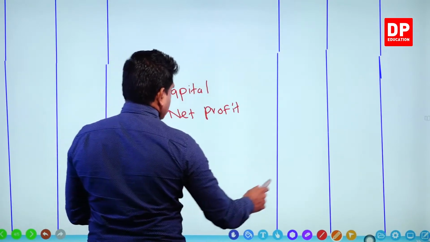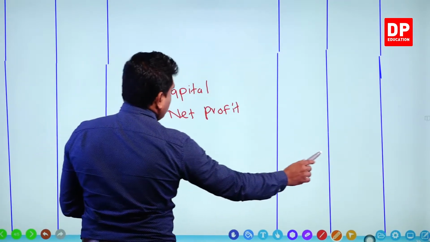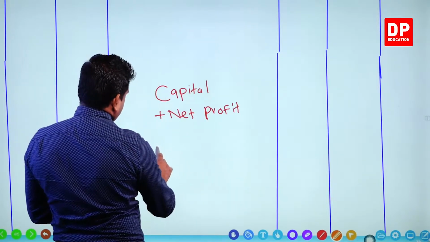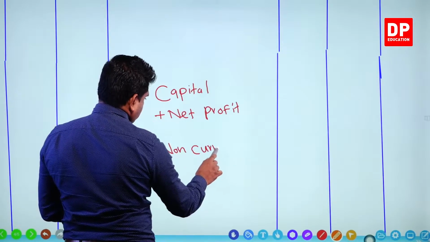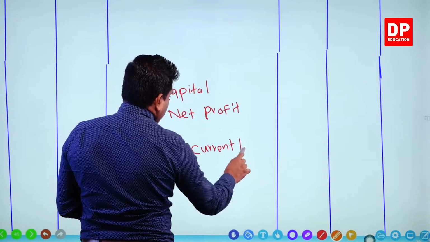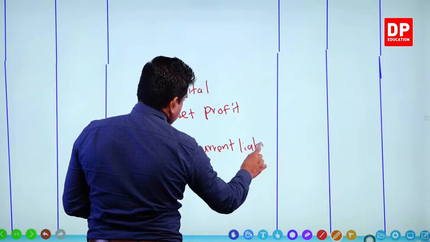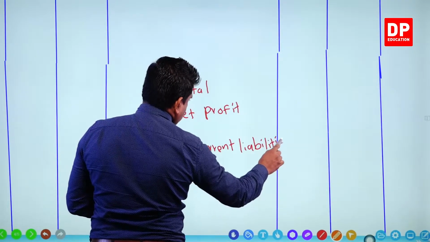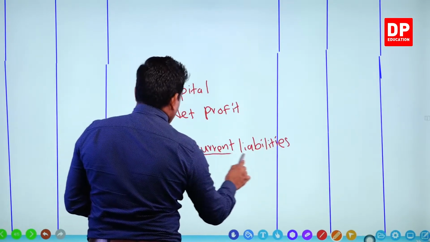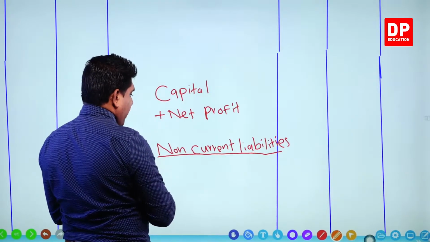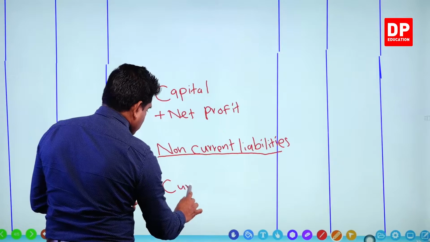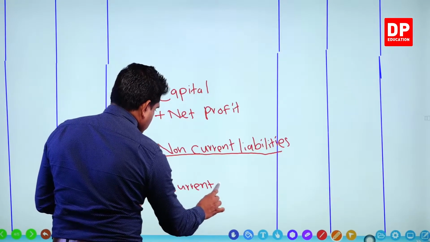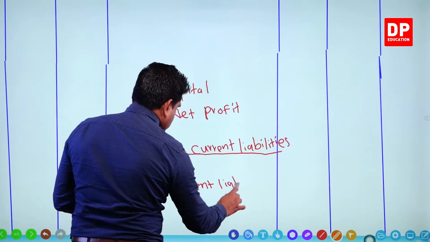Then non-current liabilities. There was only one, the bank loan. After that, current liabilities.